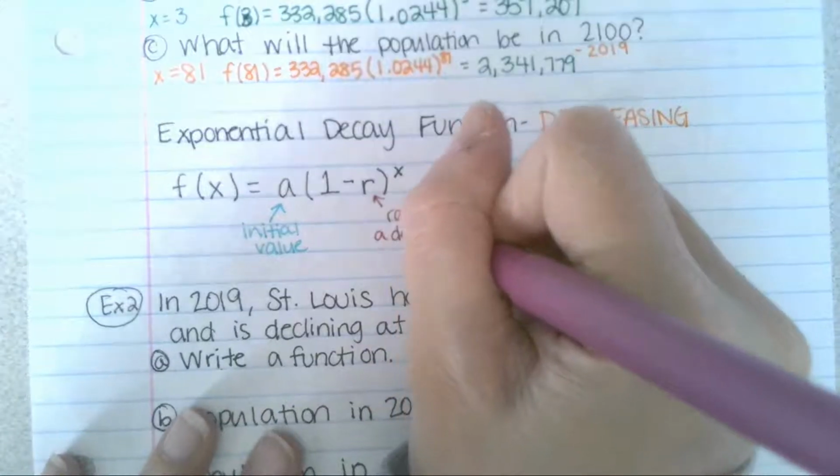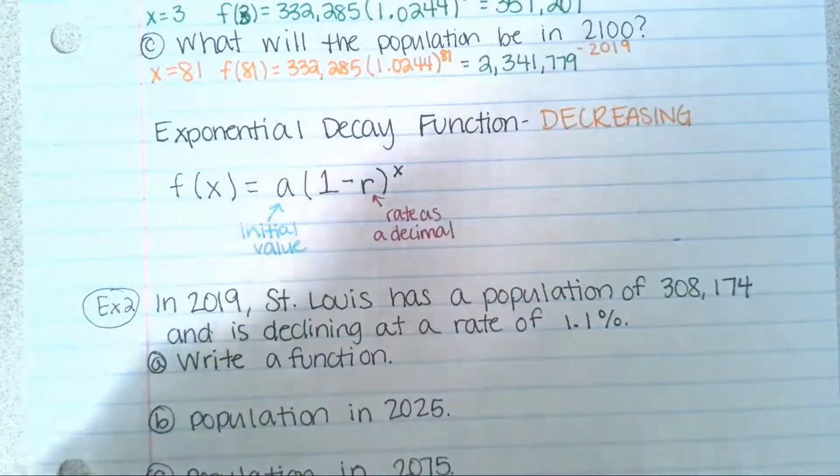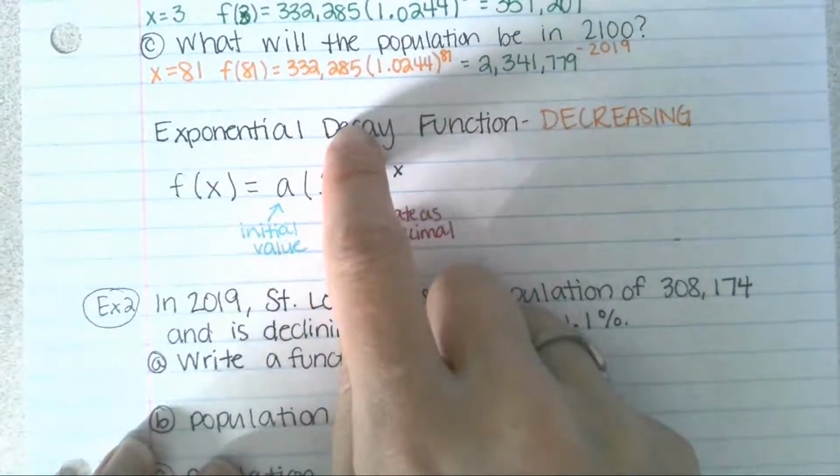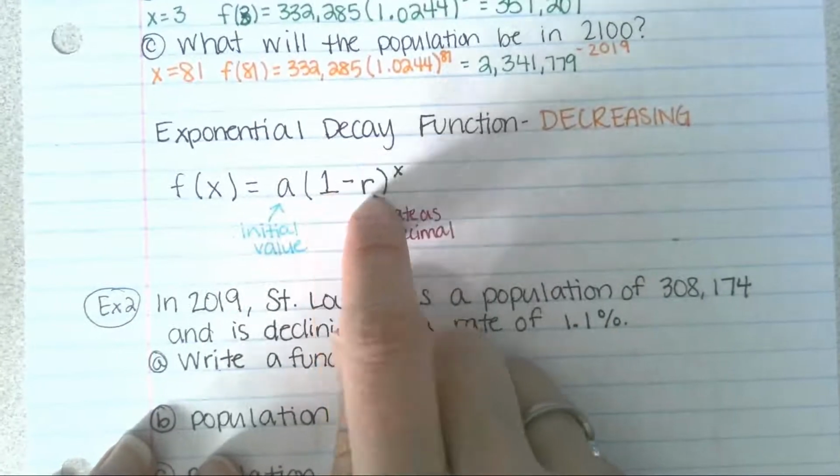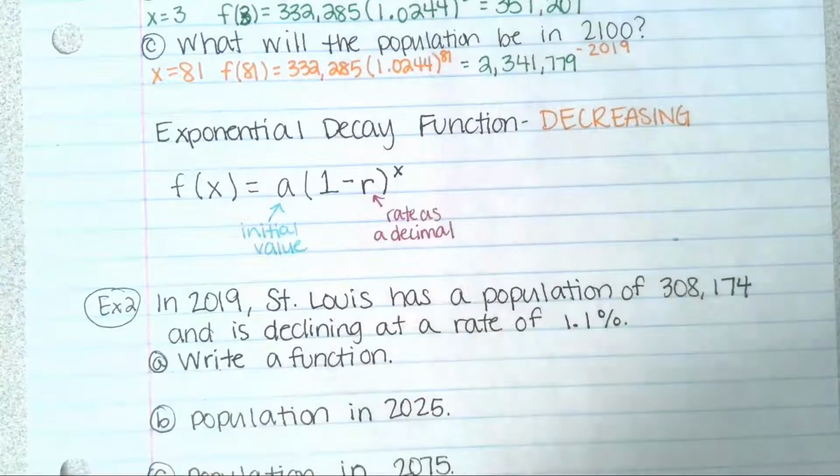The biggest difference between these two functions is that the decay function has a subtraction here. So it's 1 minus the rate, whereas the growth function was 1 plus the rate.